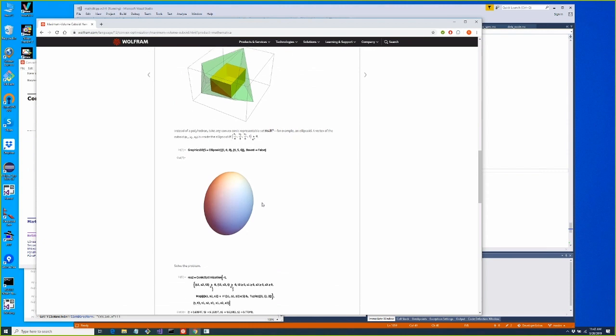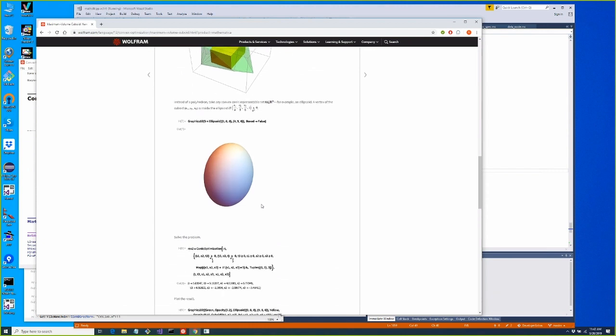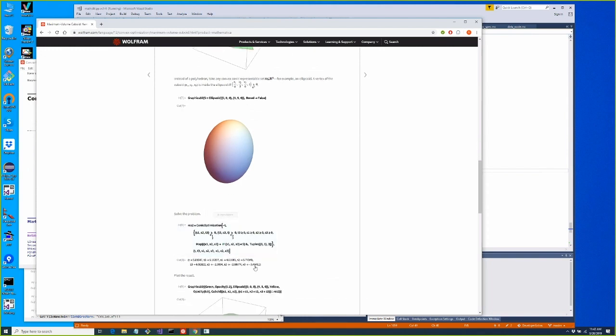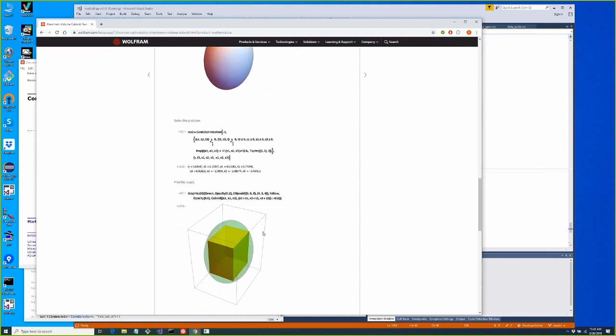They're not a complete covering of the space, but with some figuring, it's often possible to represent, or approximately represent, just about anything with these. So here we can do the same sort of problem, but instead we're using the ellipsoid. And here's the maximum cube that fits in an ellipsoid.